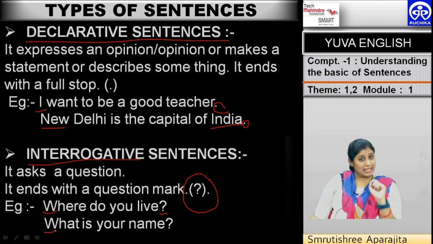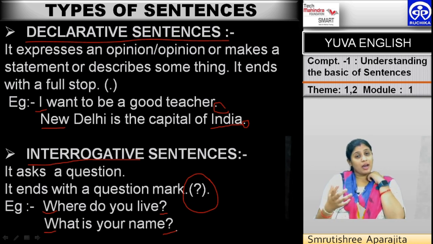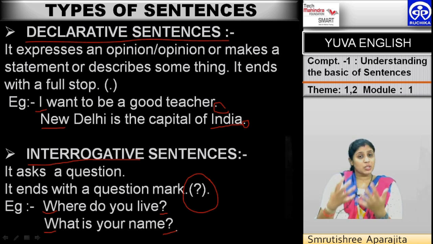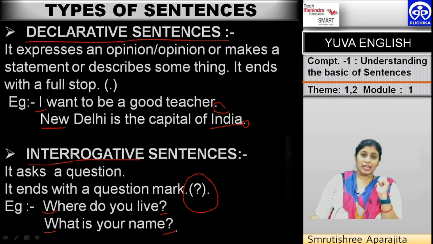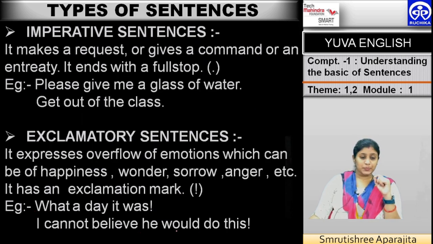W takes a capital one and at the end there is a question mark, like what is your name? Tumhara naam kya hai? Okay, so these are the types, when we ask questions, we have to put a question mark at the end. So declarative sentences take a full stop at the end and interrogative sentences take a question mark at the end of the sentence. Both of them start with a capital letter.